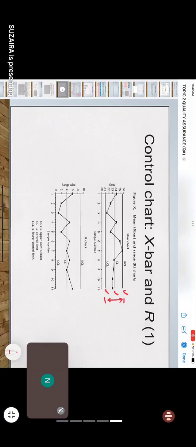If you look here, we have 11 samples, sample number 1 up until 11. We take 11 samples from a particular batch and use these samples to represent the whole batch. As long as the samples are in between the UCL and LCL, your production is a good one.